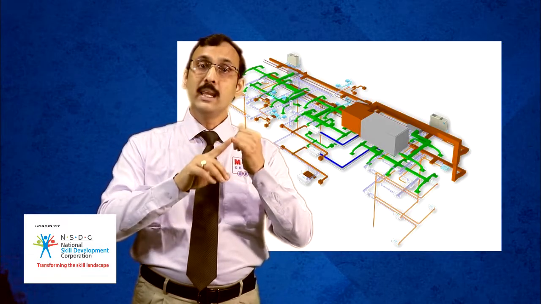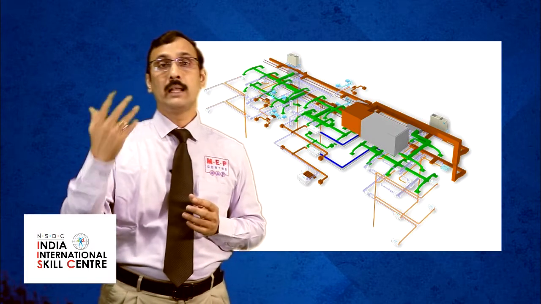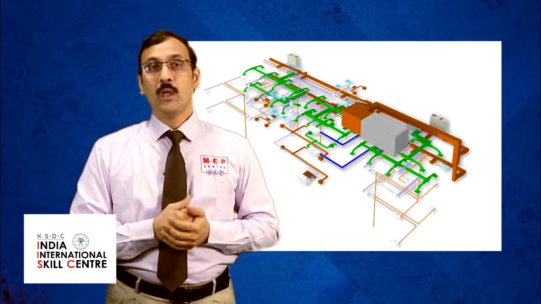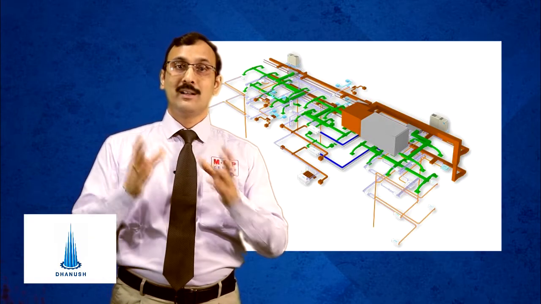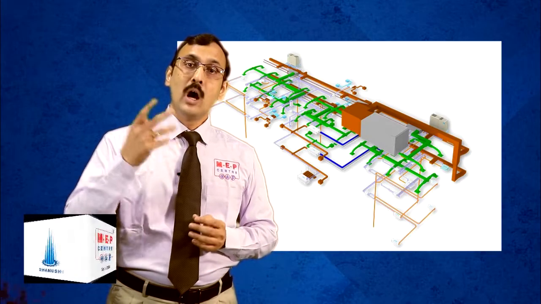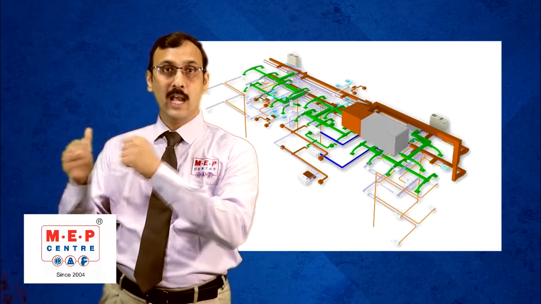We should know the velocity and the area to understand how to calculate the duct size. We teach you the manual method of duct sizing. We also teach you how to extract the duct sizes from ISHRAE and ASHRAE handbooks.